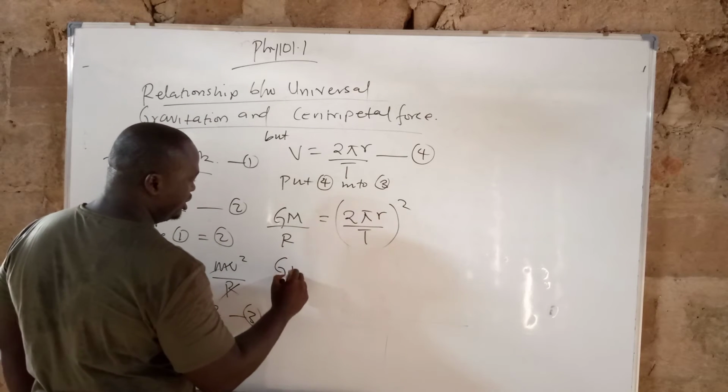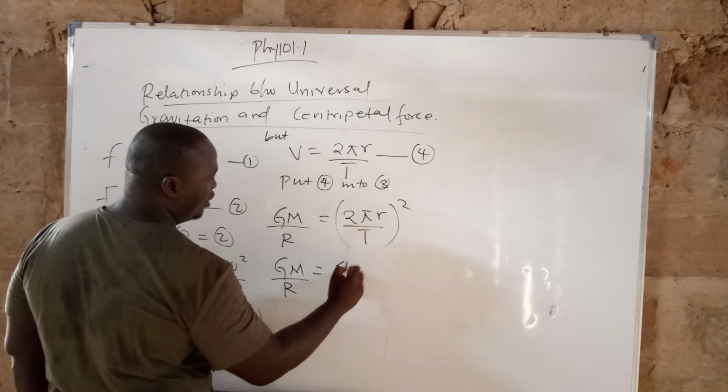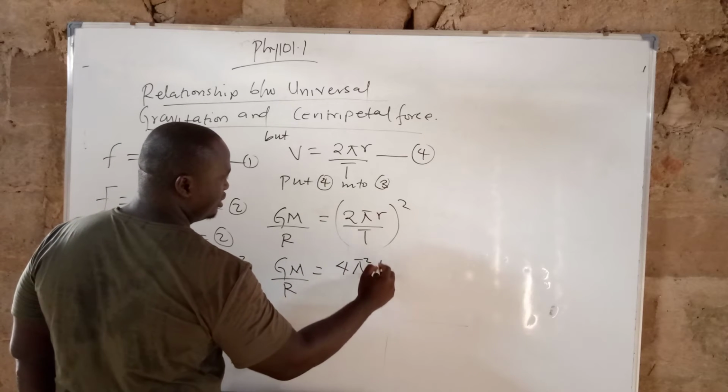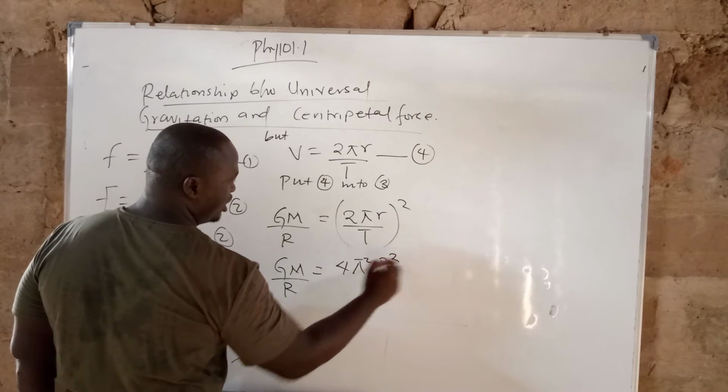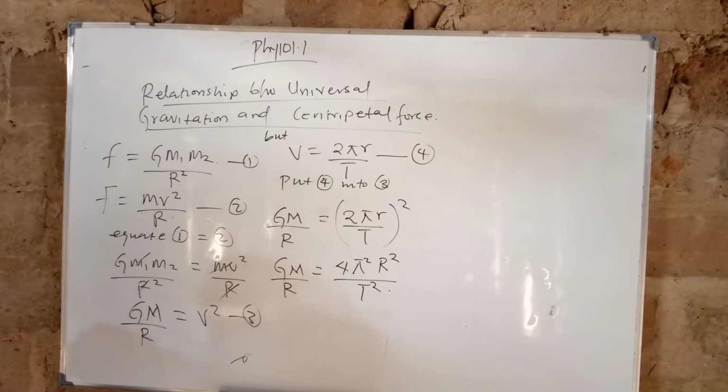And so this is G m all over r, which equals 4 pi squared r squared all over t squared. Right? Good.